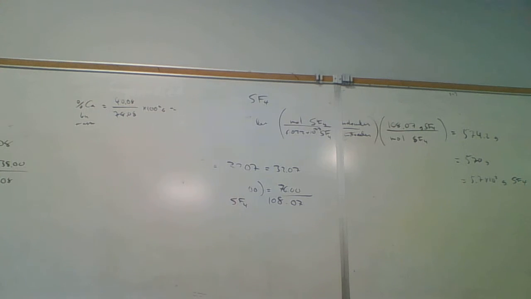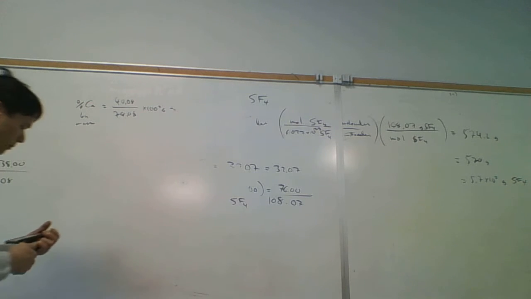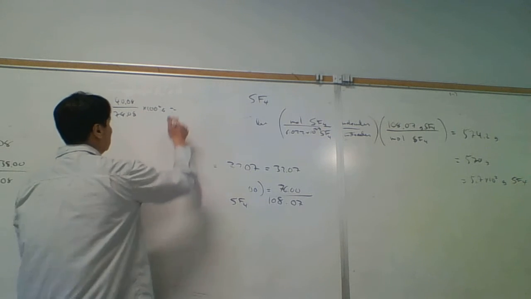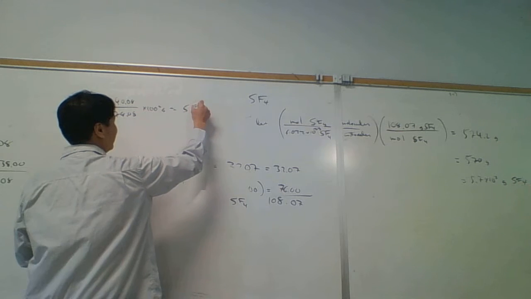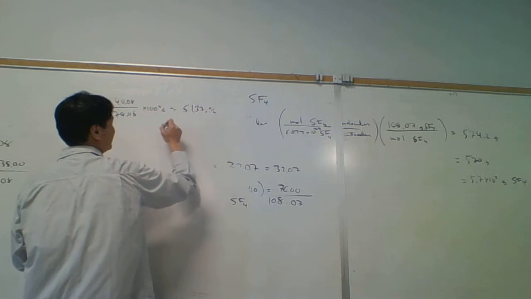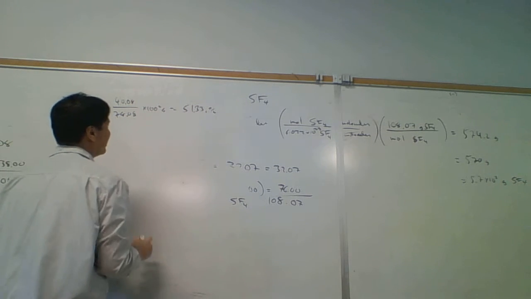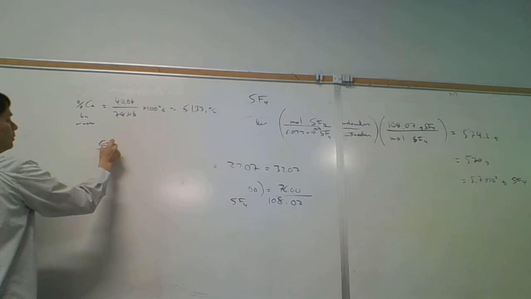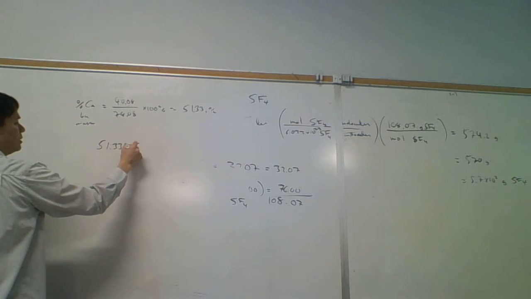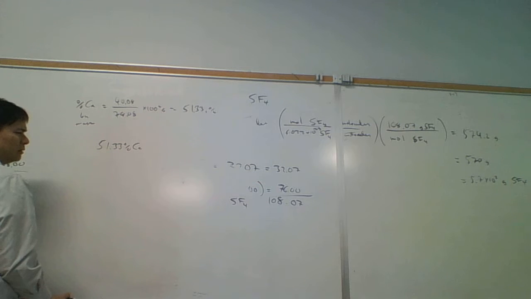What does that come out to? 40.08 divided by 78.08 is 51.33% calcium, and the rest has to be, there's only two things.